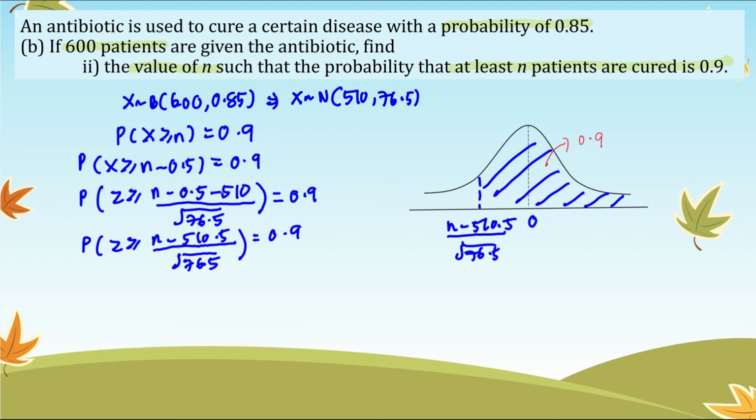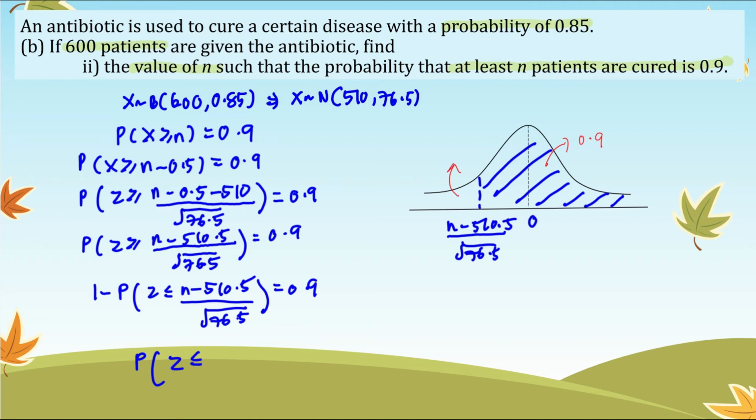To get the value of n, we need to find the value of the other area. We can use 1 minus P(Z ≤ (n - 510.5) / square root of 76.5) equals 0.9. Simplify, it will be equal to 0.1.